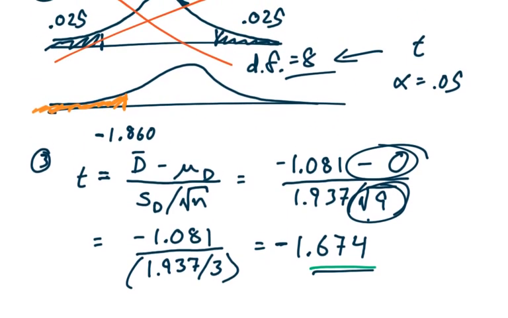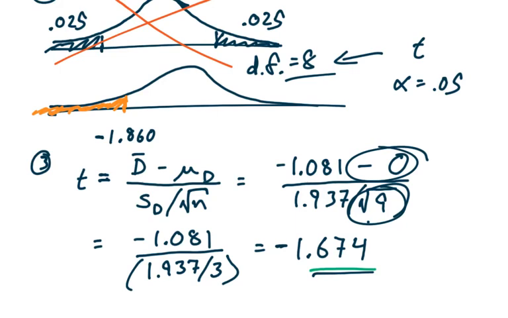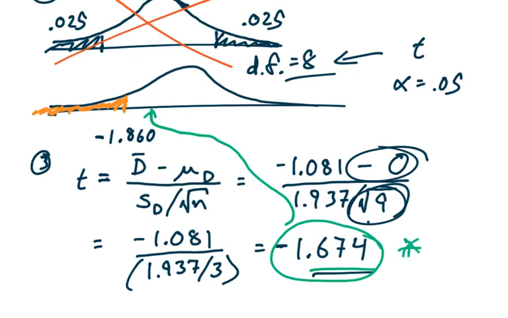So when it comes to step 4, we're going to go ahead and refer back to step 3. What decision will we make? Will we reject the null hypothesis or not reject the null hypothesis? This is why I always draw a picture in step 2. Not only because it helps me make sense of what it is that I'm doing, but then when we come to step 4, we've calculated our test statistic and we want to know what decision to make.